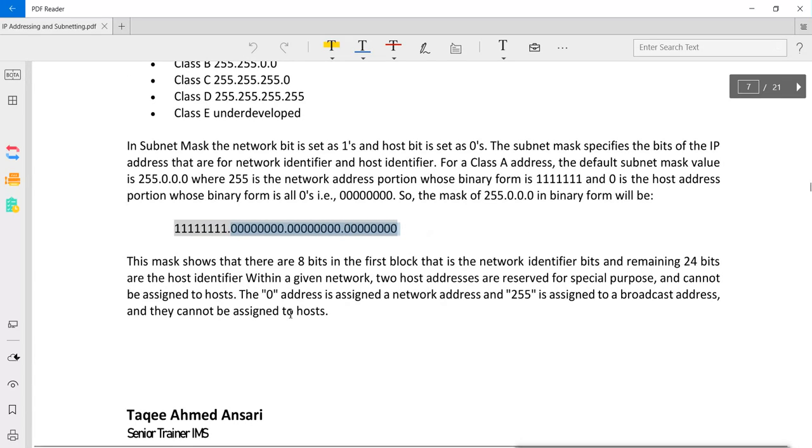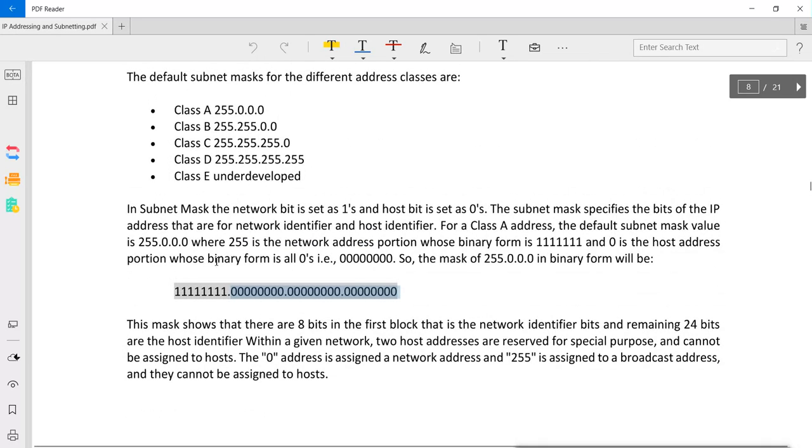Very simple. Since it is a 32-bit address, if the bit is on, that means network, and if the bit is off, that means host.